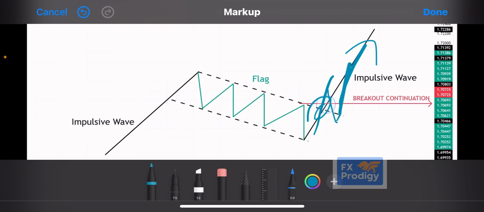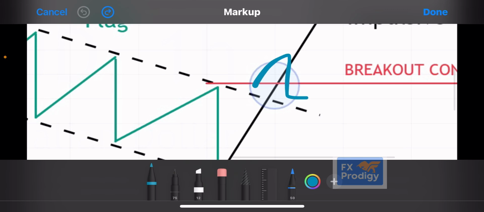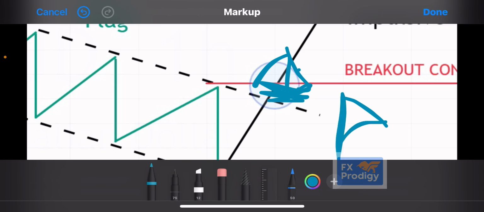So when you want to enter trades, you enter at the retest. Another confirmation is when it breaks here and forms another continuation pattern. That is a confirmation on its own to show that it's going to go up. So here we expect a pennant or a flag as well, another flag forming.